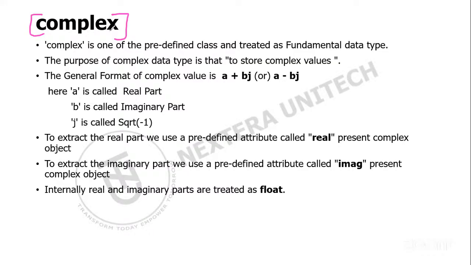So what exactly does the complex data type do? The purpose of the complex type is to store complex numbers, complex values. If you want to store any complex value, we use the complex data type.